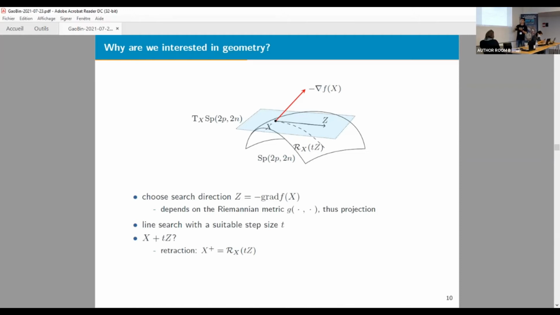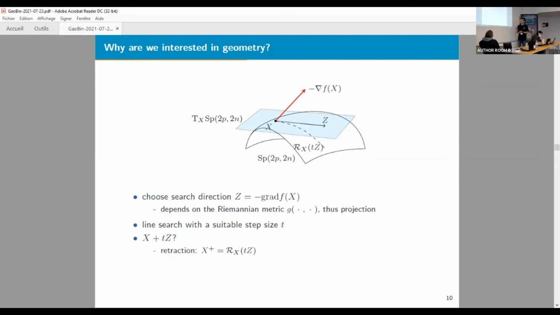So if you want to get a feasible algorithm, you need to project your tangent vector back to your manifold. That's the main point here. We need to develop some projection to project the point in the tangent space back to the manifold. That's the main idea of the optimization algorithm on the manifold.